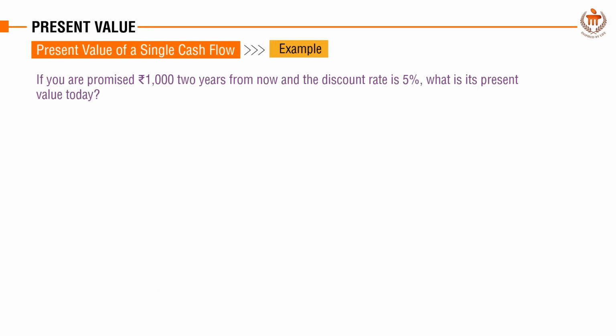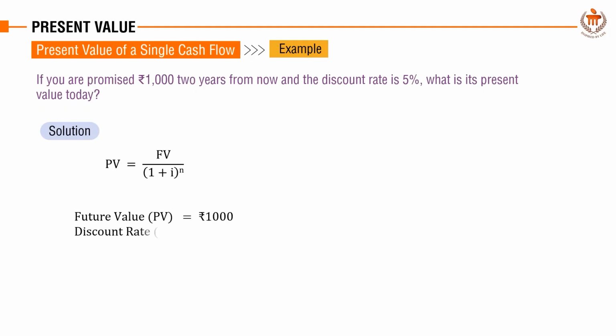Let's now apply what we have learned about the present value to a single cash flow scenario. As we have seen the formula for present value, let us take a simple example and calculate the same. Now suppose you are promised 1,000 rupees 2 years from now, and the discount rate is 5%. To find out the worth of this money in present terms, we have to use the present value formula. Here, future value is rupees 1,000, interest is 0.05, N is 2.